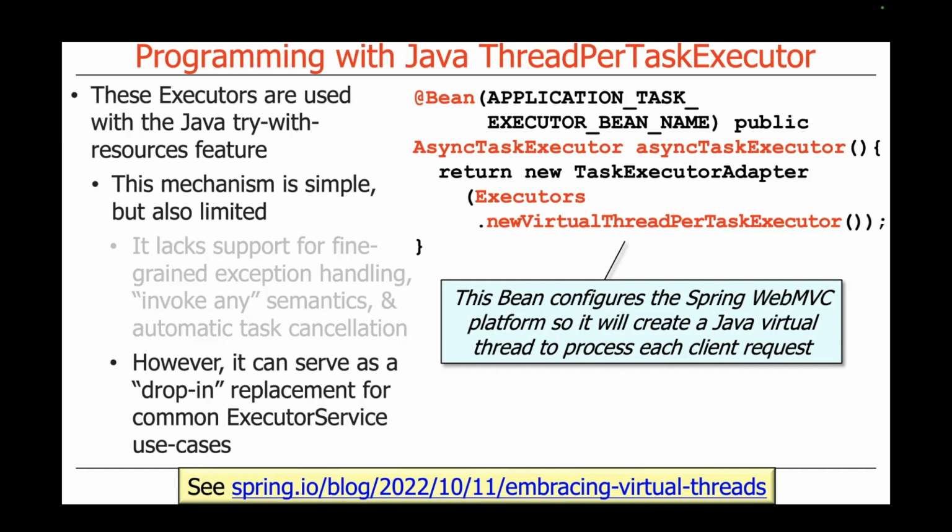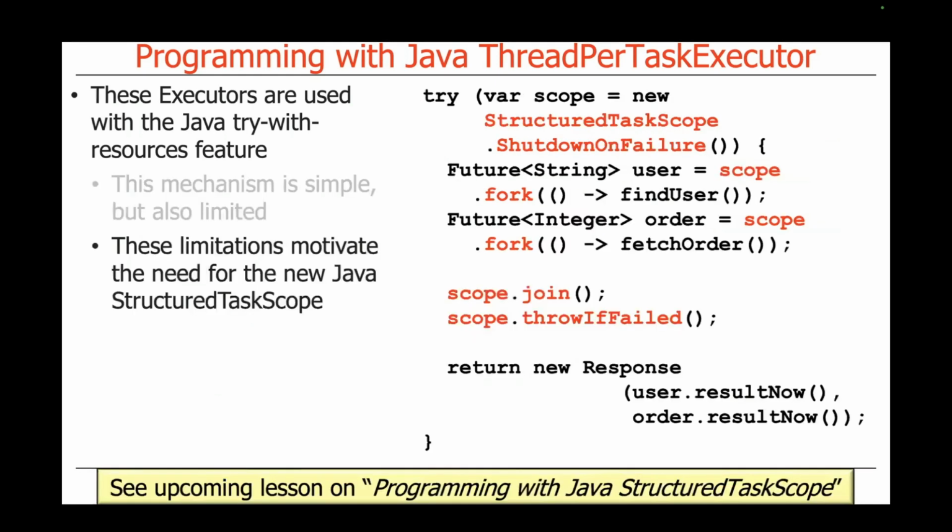And the way you do it is through the mechanism shown here, where you make a new TaskExecutorAdapter that's connected to the newVirtualThreadPerTaskExecutor from the Executors framework. So you can basically just drop this thing in, and then every time a request comes in, rather than being processed by a thread in a pool of threads, instead it's going to be processed by a new virtual thread per request. And we'll get around to playing around with this in some of the assignments and some of the examples we're going to take a look at in just a bit.